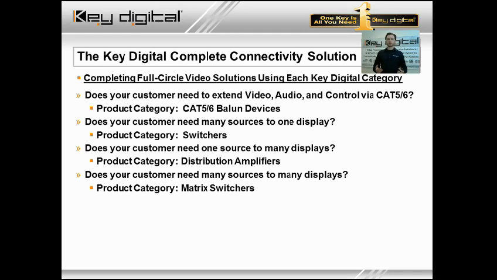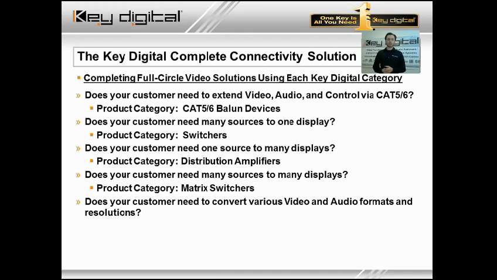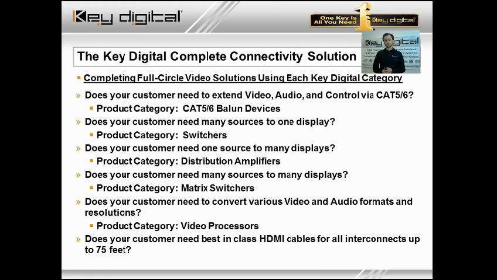If you have many sources to many displays, then you will need a matrix switcher, where you can have a matrix switcher in the middle, have many sources, many displays connected, and be able to view any of those sources at any time and any combination on any of those displays. And if you have various formats of video types for your various sources, and you need to convert that, format it up front to be one format type to enable a large-scale system like a matrix switcher, for example, then you're going to need a video processor.